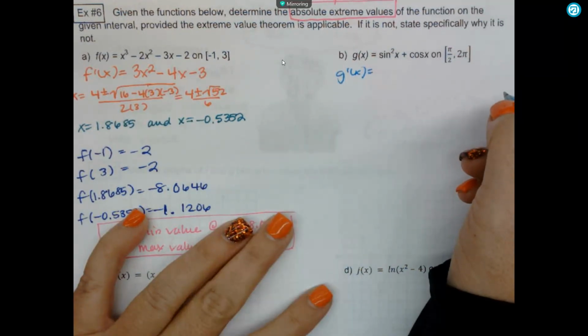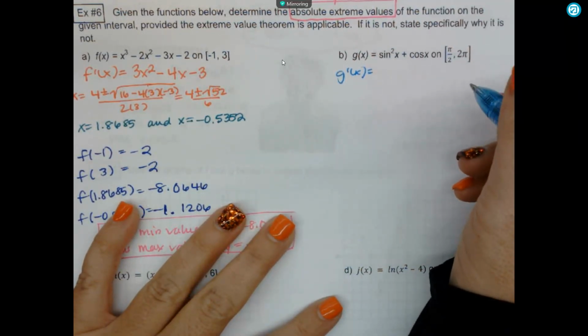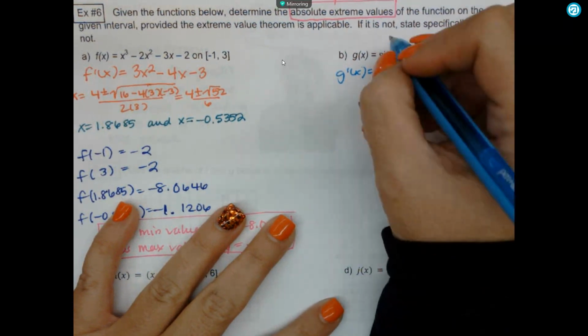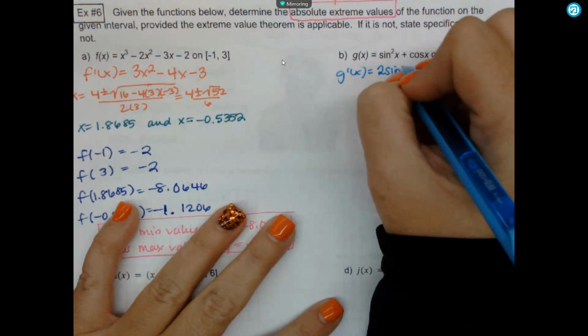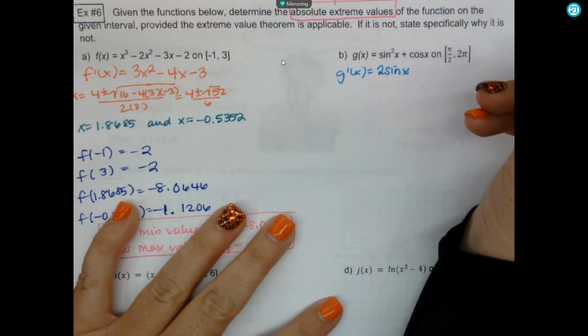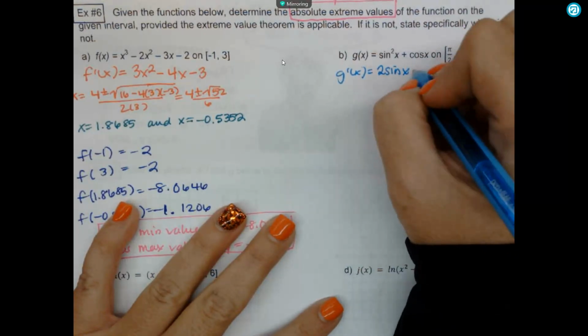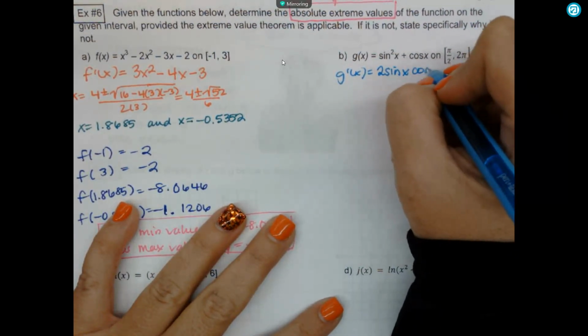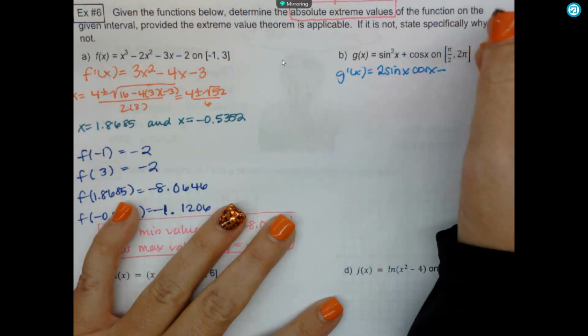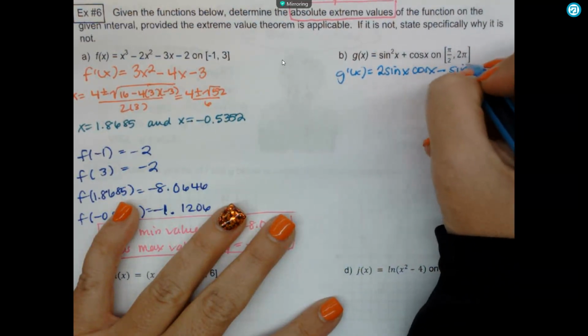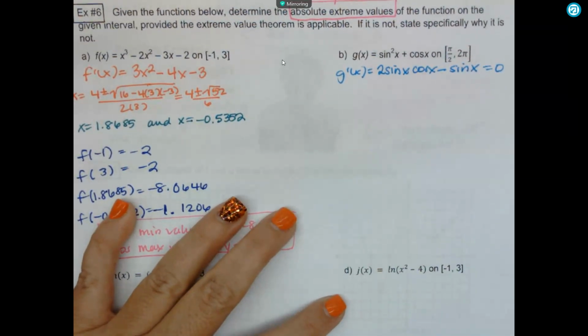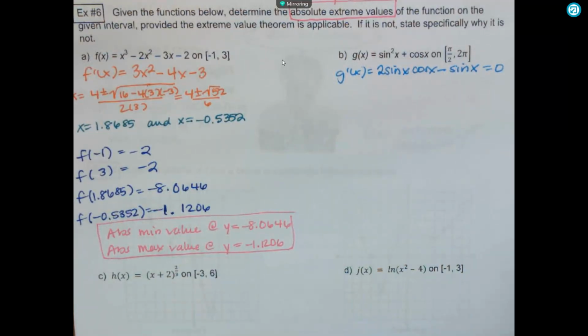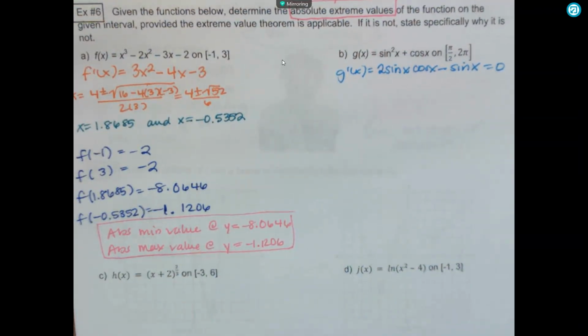So what we got? Power rule, 2 sine x. Derivative of sine is cosine. And then derivative of cosine is negative sine, right? Again, you could factor that. I actually did factor that until I was told not to.